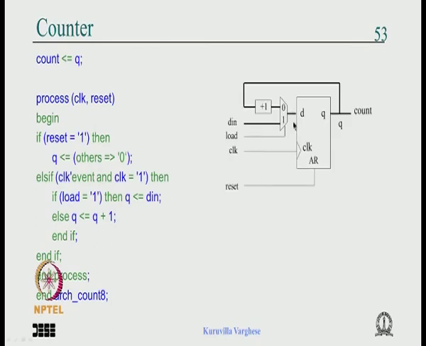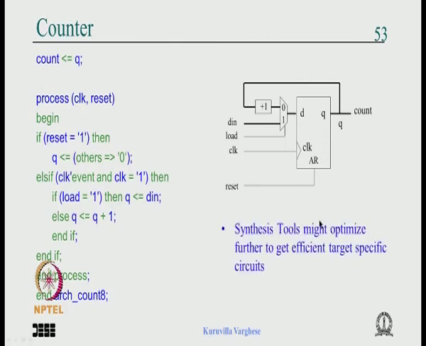Because everything is synchronous, the moment you write something underneath, it is connected to D, and this represents a mux. When load is 1 Q gets D in, that is this, and when load is 0 Q gets Q plus 1, that is how it is synthesized.